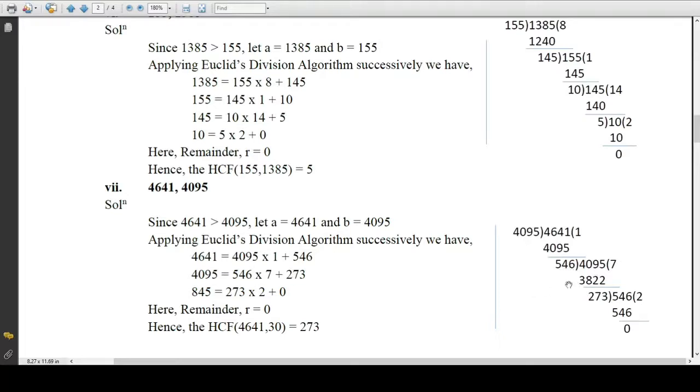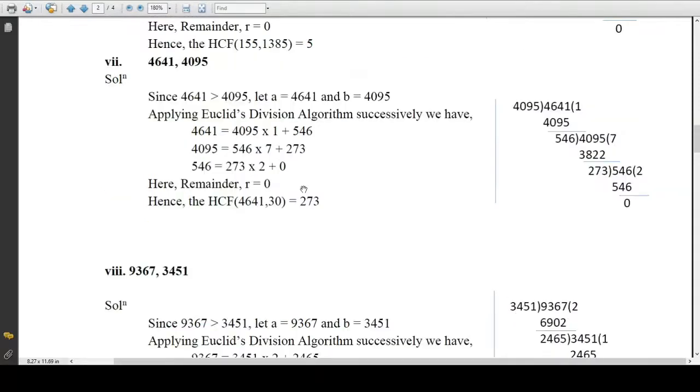You will go with 7 is 3822, leaving remainder 273. The last step from here, taking 546 as the dividend and 273 as the divisor. 546 divided by 273 will go with 2 is 546 and leaving remainder 0. Hence this 273, the last divisor, will be the HCF of these two numbers.